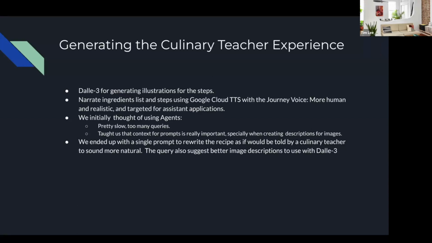And we also want to rewrite the recipe so it sounds more like a real culinary teacher saying those words. So we saw, okay, we can't afford doing agents because it's going to be so many queries. So let's see what we learned from the prompts that the agents generate to create our own prompt.